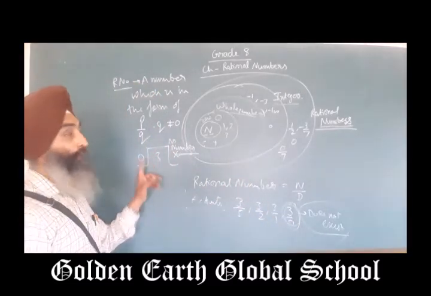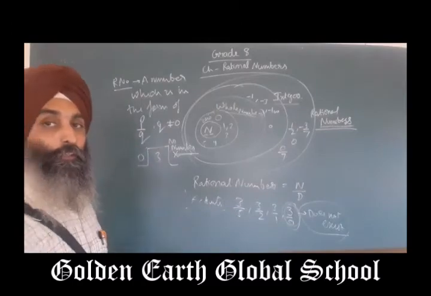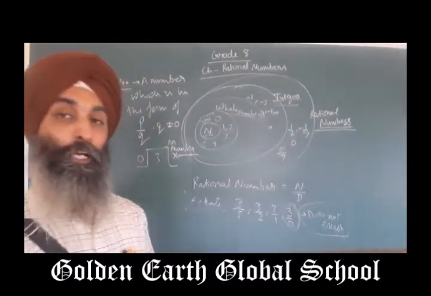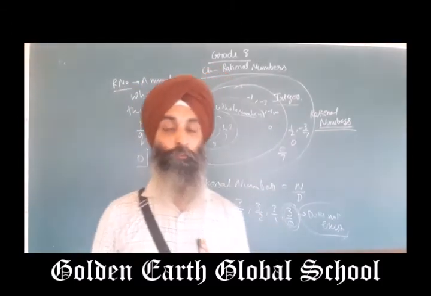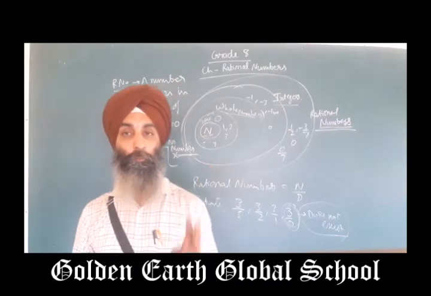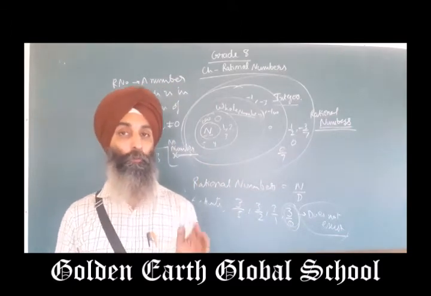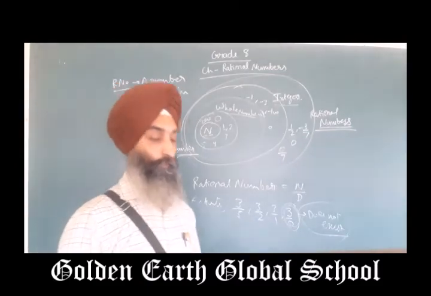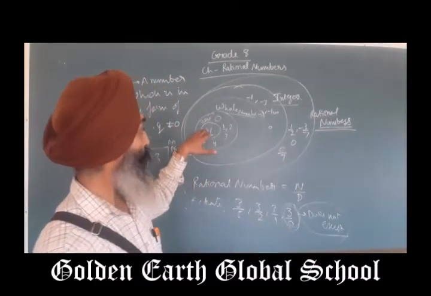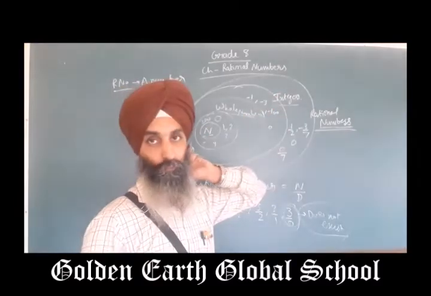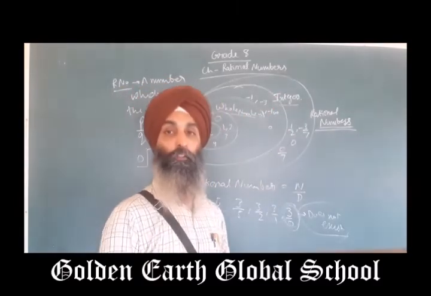You know why? So this is called a rational number, right? In this chapter we will study how to add rational numbers, how to subtract rational numbers, how to multiply rational numbers, and how to divide rational numbers, right? Which includes all whole numbers, natural numbers, integers, as well as rational numbers, right?